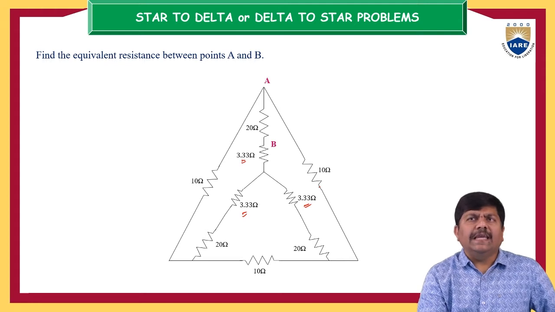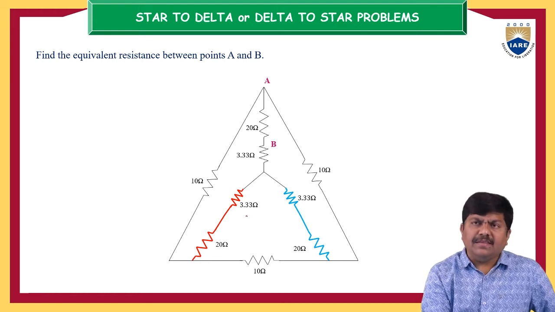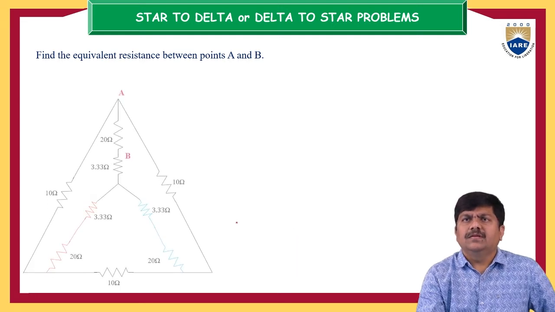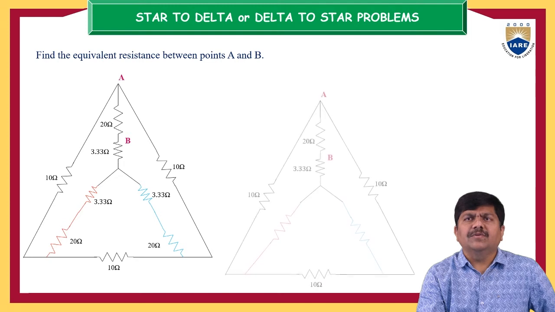Now if we observe keenly, some of the elements are in simple series connection. This 3.33 and this 20 ohm are in series, and this 3.33 and this 20 ohm are again in series. So let us eliminate this side and this side. This is the given circuit.